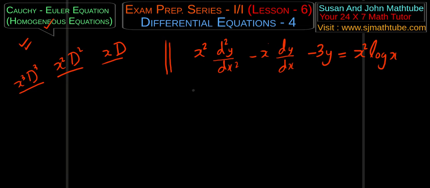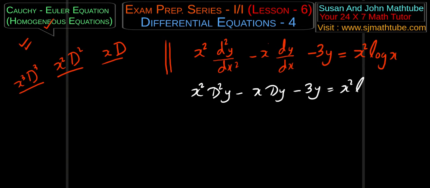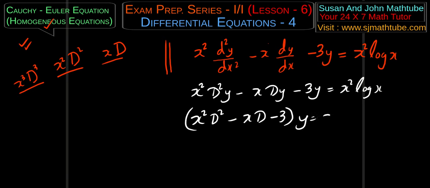So as always, I'm going to convert this into capital D. So it goes like this. If you want, you can skip this step and do these things in your mind. That will be x square D square minus x into D minus 3 of y is equal to x square into log x. So as I promised, you saw xD, x square D square, etc.